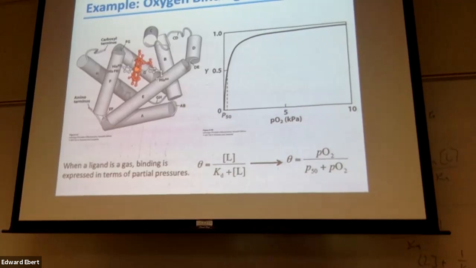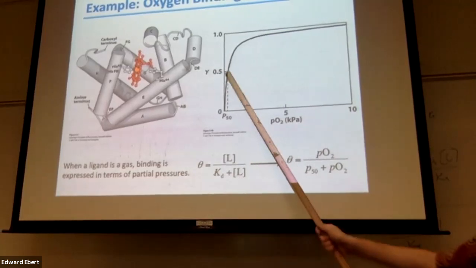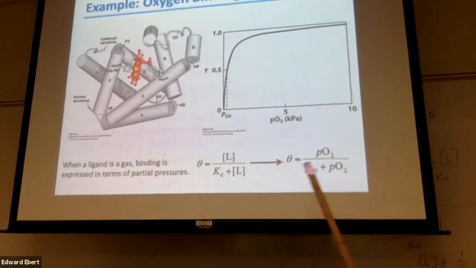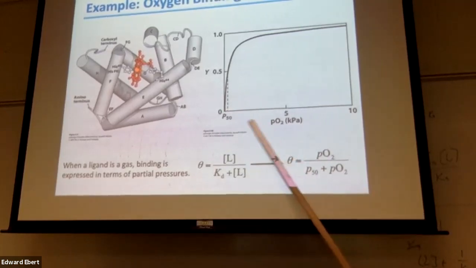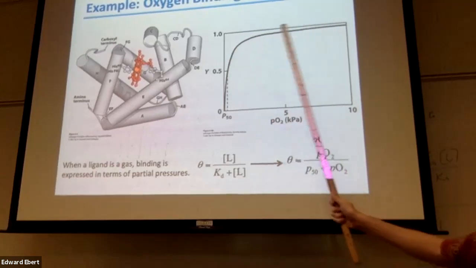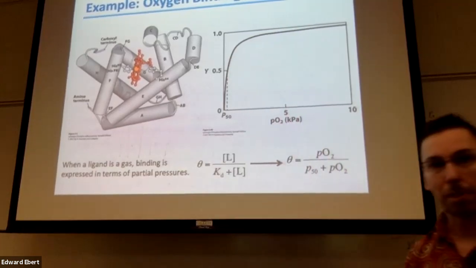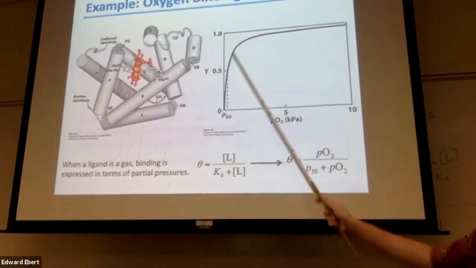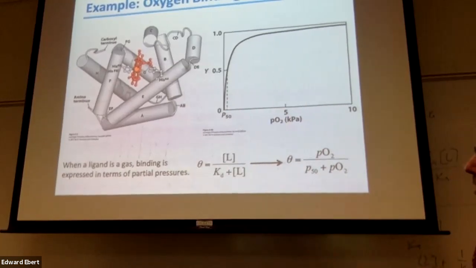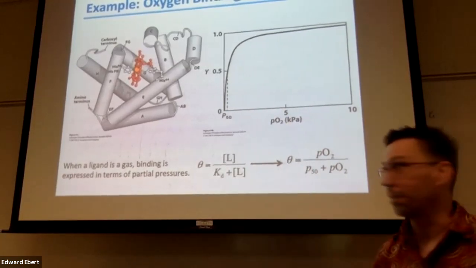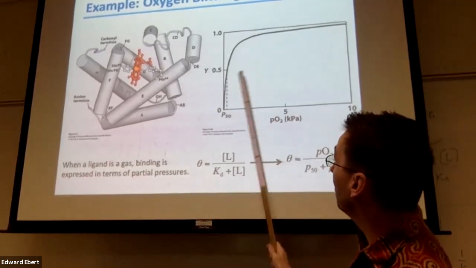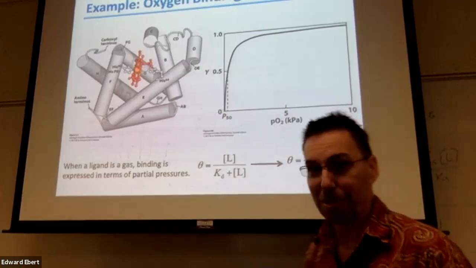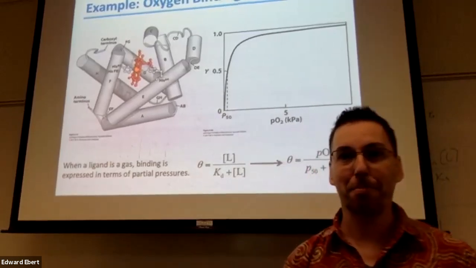Basically, 50% of it's going to be off there. So our P50, basically. All right. We can look at the higher the pressure of oxygen, the more sites are going to be occupied on myoglobin. And we end up with this awesomely great curve here, okay? Basically, myoglobin is going to bind oxygen at very low concentrations and hold on to it. Okay? So you don't need very much oxygen for myoglobin to bind it.